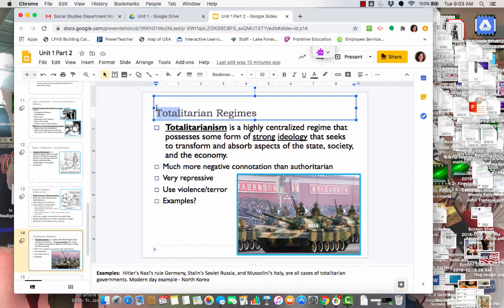And they use violence and terror to accomplish that. So Hitler's Nazi Germany would be an example of a totalitarian regime, Stalin's Soviet Union, Mussolini's Italy, and a modern day example would be North Korea. So totalitarian regimes try to control your thoughts, your dress, basically all outward expressions of life. That's how it's different from authoritarian.